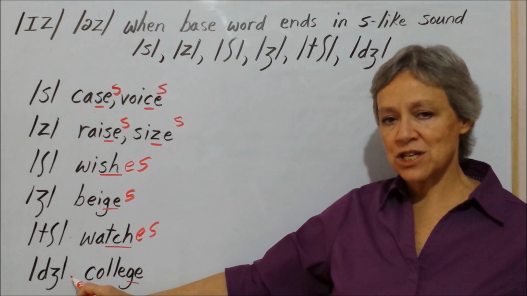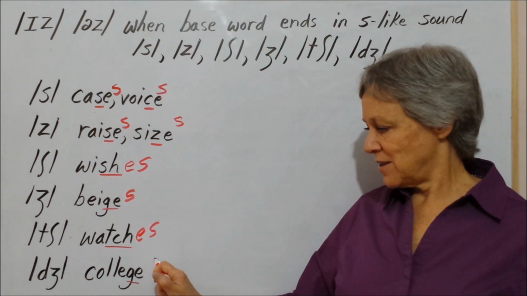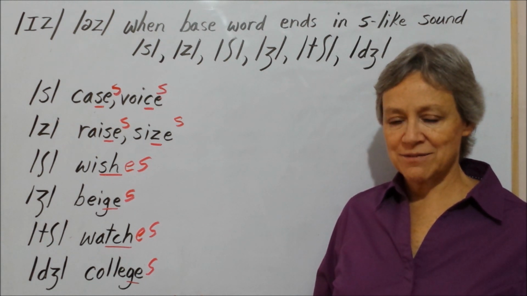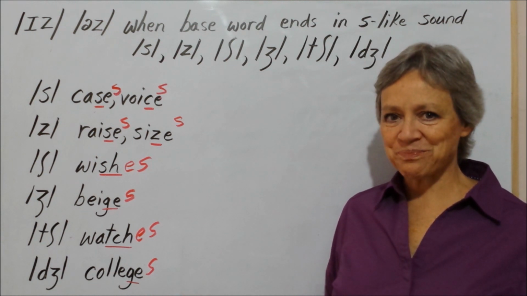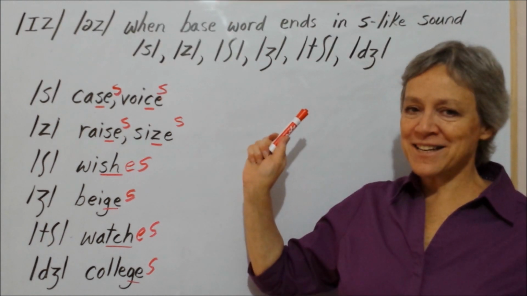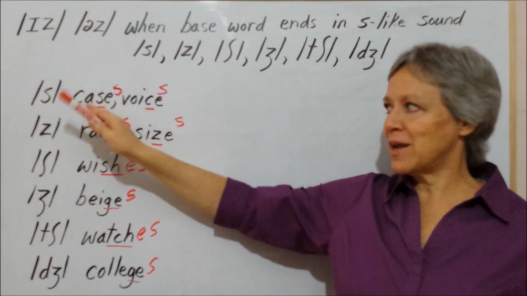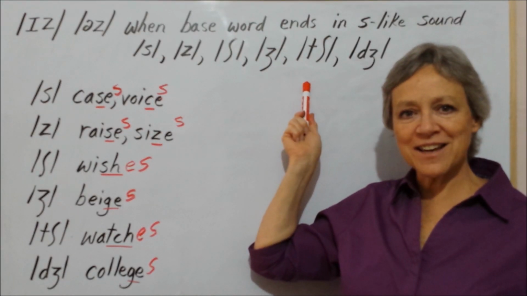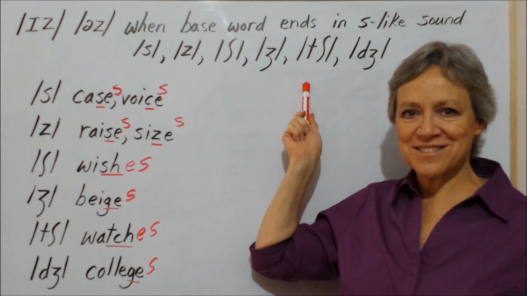It ends in j. College. When I add s, it becomes colleges. So it becomes three syllables. So the s ending sounds like is when the base word ends in any one of these s-like sounds.